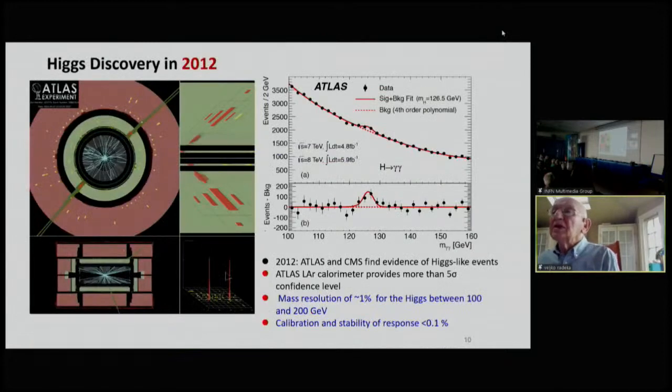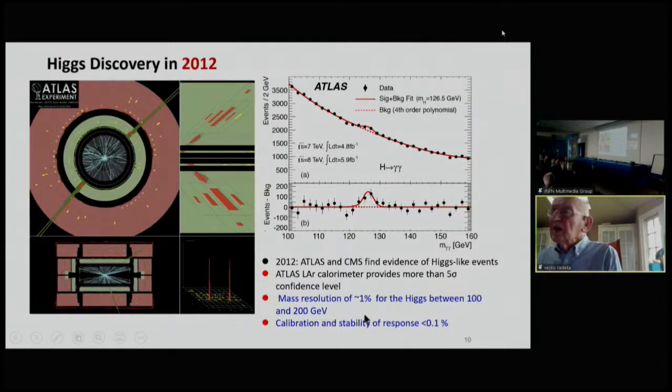So the Atlas calorimeter was one of the detectors in the Higgs discovery by Atlas and CMS, announced in 2012, showing the data, what they look like, a small bump here, but with very good statistics, indicating it was the Higgs at around 126 GeV.